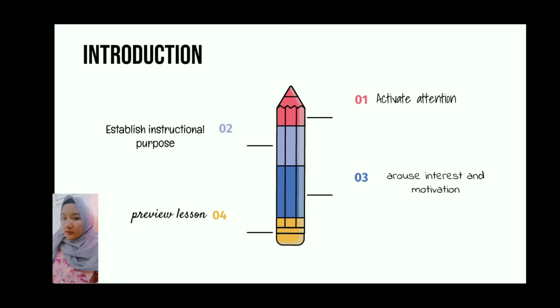And then the last part is preview the lesson or provide overview. The instruction itself may summarize the procedure or process that will be followed in the lesson, or the learners may choose or be encouraged to preview the lesson using whatever strategies they already possess.